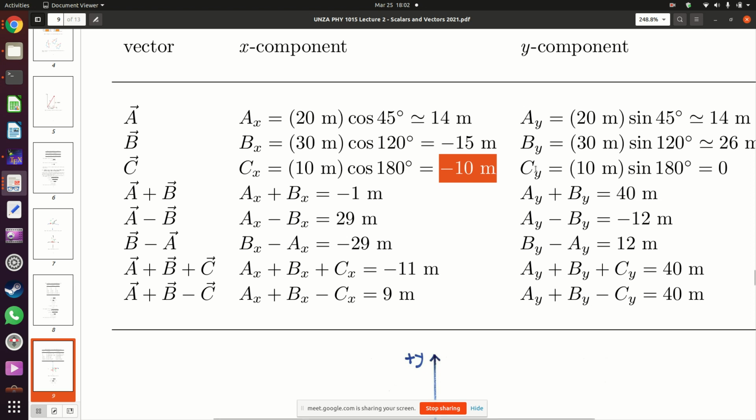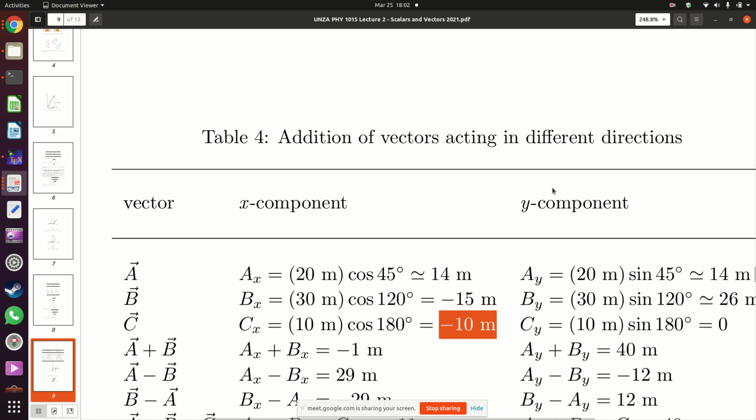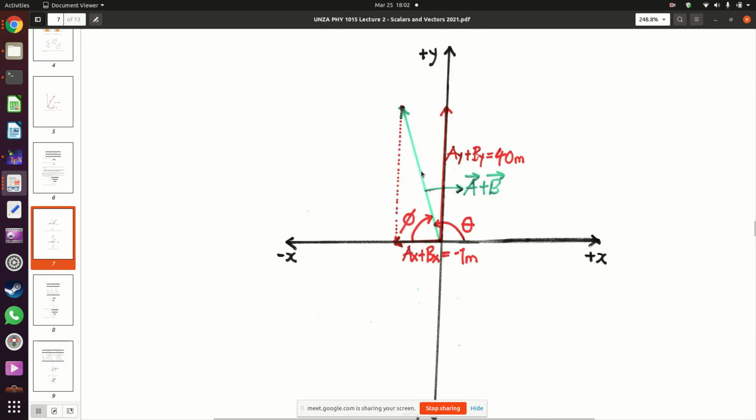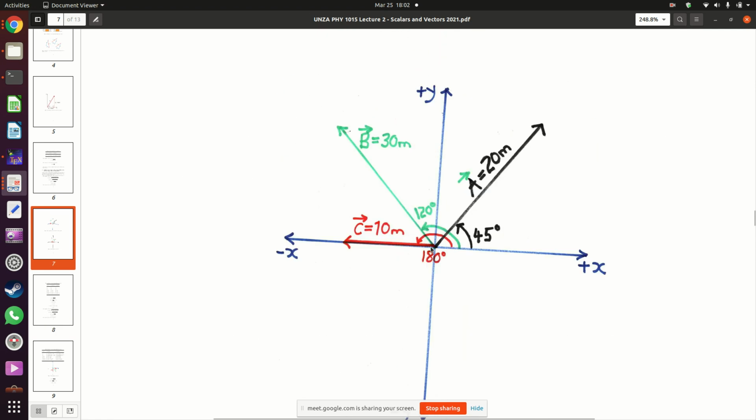There is no part of vector C which points in the y direction, and you can see it from the way vector C has been drawn. Vector C lies completely along the x-axis. Are we clear?